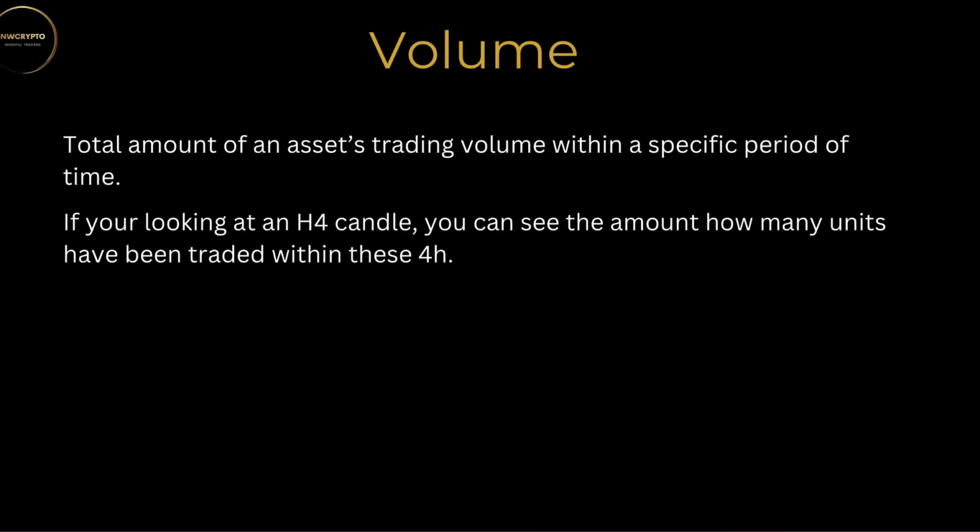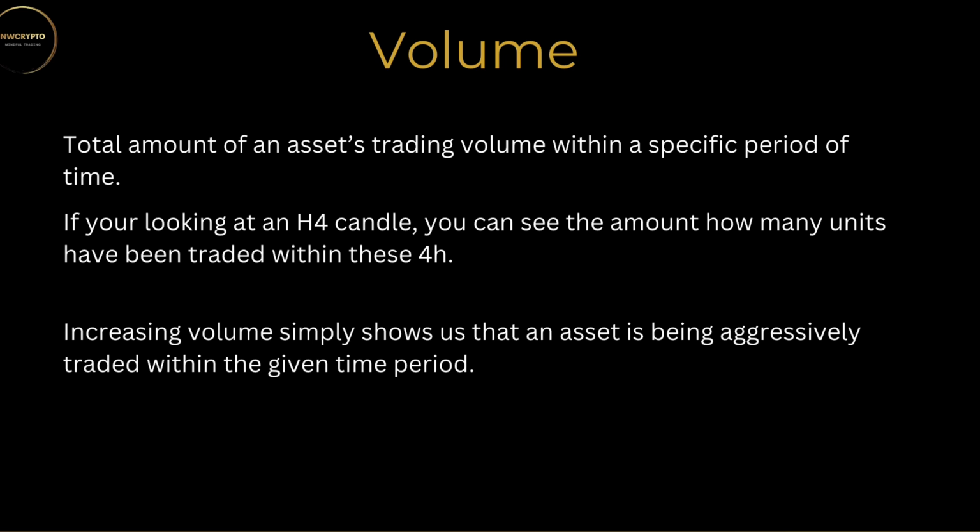So the volume of this specific 4-hour candle just tells us how many units have been traded back and forth within these 4 hours. So if we just look at Bitcoin, and if we imagine that within 4 hours 10 Bitcoins would have been sold and 10 Bitcoins would have been bought, the 4-hour volume candle would show us the number of 20, because this is exactly what happened during these 4 hours.